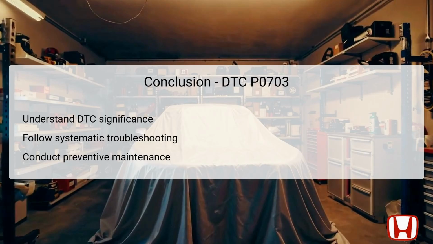Following a systematic troubleshooting approach allows for accurate identification and resolution of faults, ensuring the vehicle's reliability. Additionally, implementing preventive maintenance will safeguard against potential future issues, ultimately aiding in the vehicle's longevity. Reassessing systems regularly can lead to improved safety for drivers and passengers alike, promoting a secure driving environment.